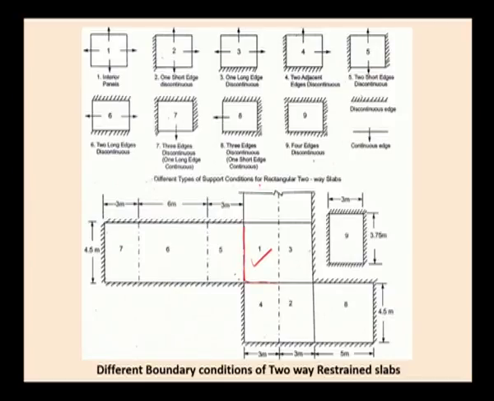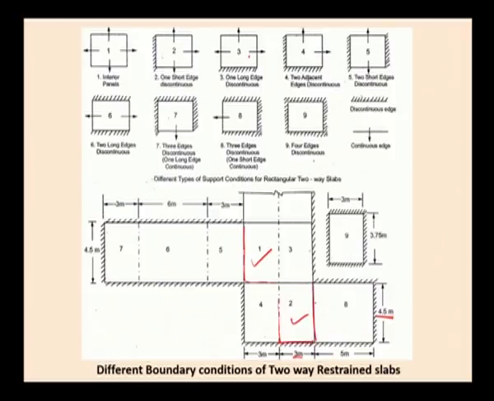The second one is an example for one short edge discontinuous. Here the second panel is an example for one short edge discontinuous. These two edges are long edges, 4.5 meter, and this is 3.3 meter; this is a long edge and this is a short edge, and one short edge is discontinuous and the other edges are continuous.